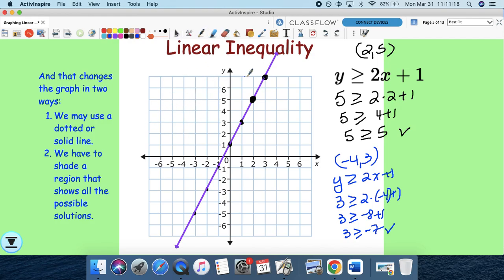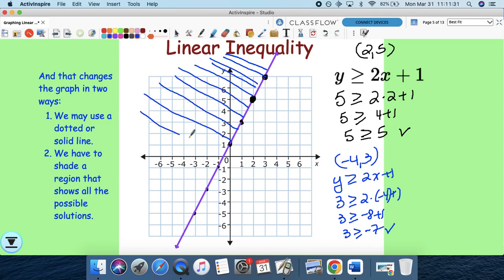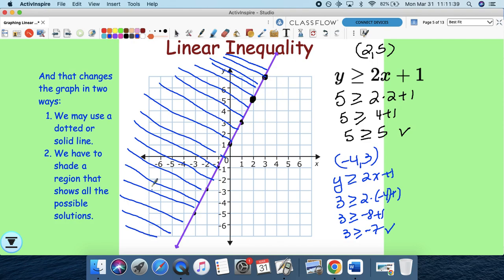The best way to shade it is to draw perpendicular lines to the line that you just created, and go like this. Try not to be as messy, but something like this. So that is showing me that this region above the purple line is part of the solution. If you pick any point in this area, it makes this inequality true.